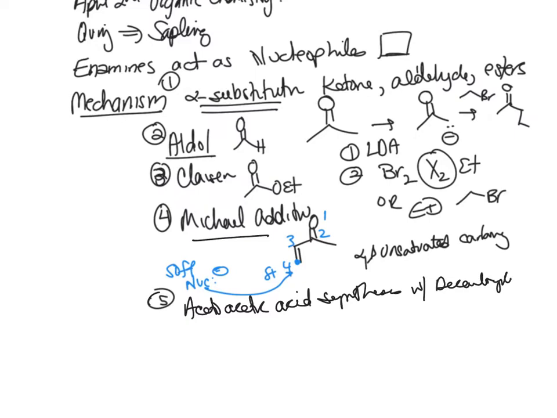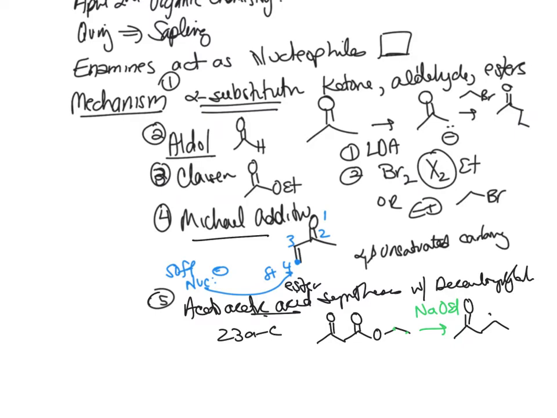These were all in your POGL 23A through C. There's your acetoacetic acid. Of course, this is an ester here. And we react this with sodium ethoxide, and we make the enolate there at that carbon.